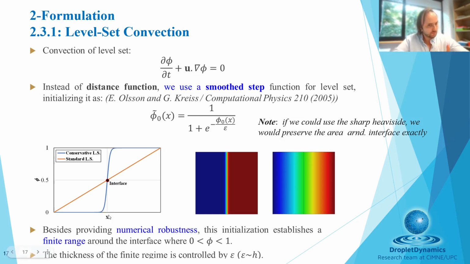If we didn't have numerical issues of using an exact Heaviside function, we would have exactly zero mass loss. If we smooth it, we will have a controlled mass loss, because this function variation will be only restricted to a very narrow region next to the interface. So this smooth Heaviside function can be approximated by the following formula, and that's what we employ.